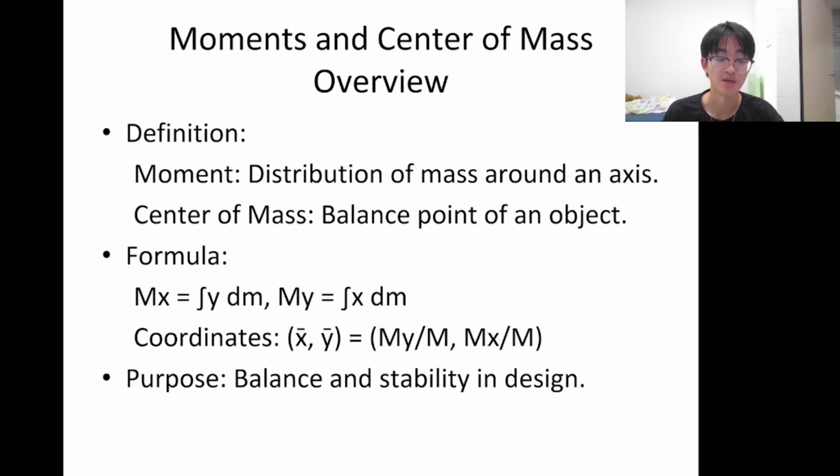And the center of mass is the point at which the entire mass of an object can be considered to be concentrated. It is the balance point of the object. It is essential for designing balanced structures, analyzing rotational dynamics, and ensuring stability in systems.